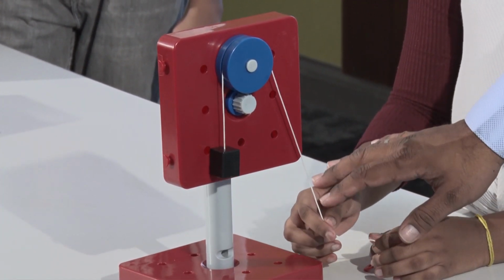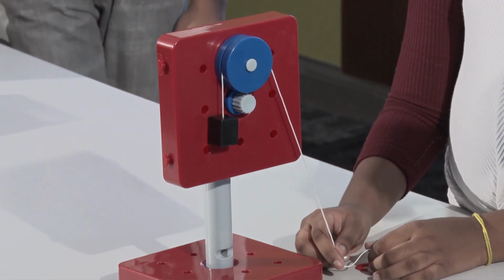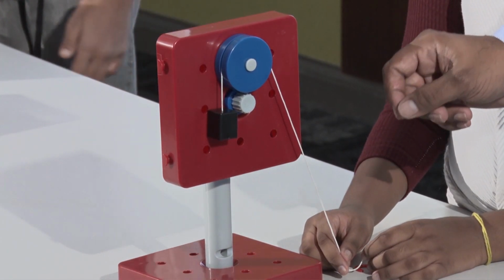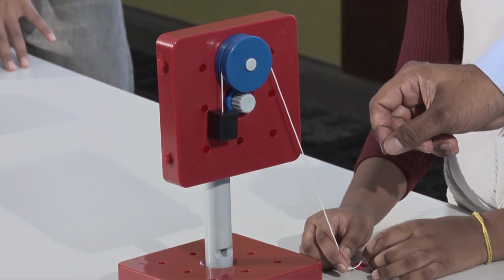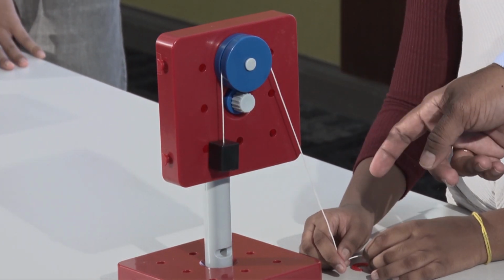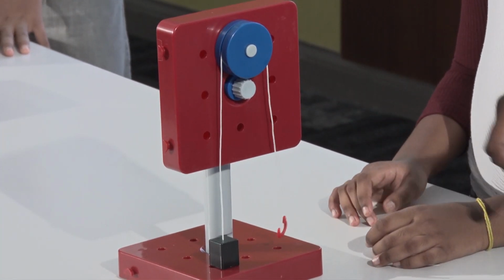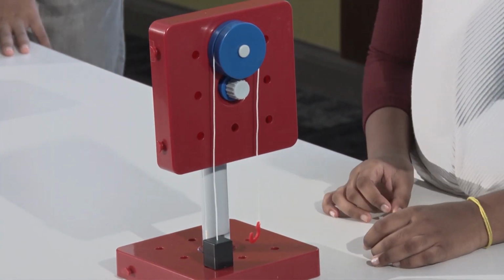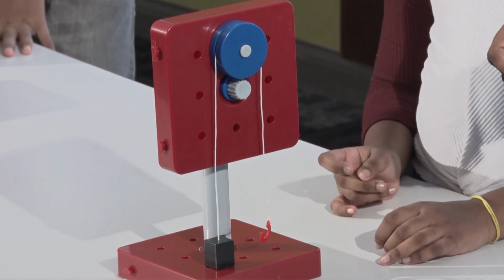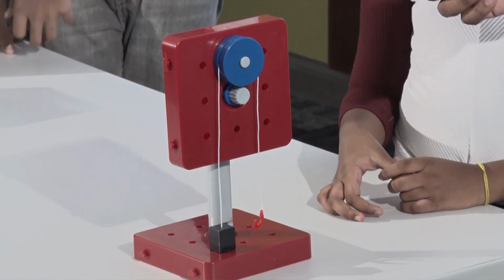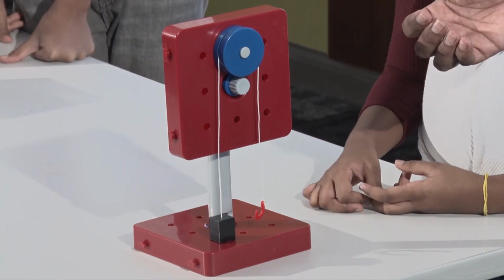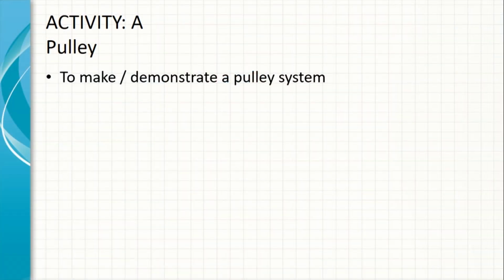If she continues, it goes up in the opposite direction. So now, if the force is released, we'd have the reverse happening. And this is all happening in the change of direction depending on where the force is applied, which side is greater or not. So this is a demonstration of the pulley.